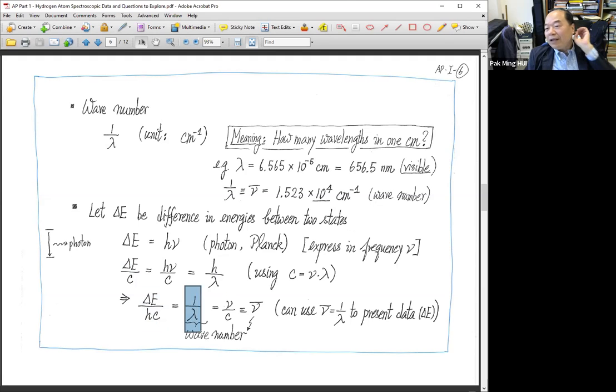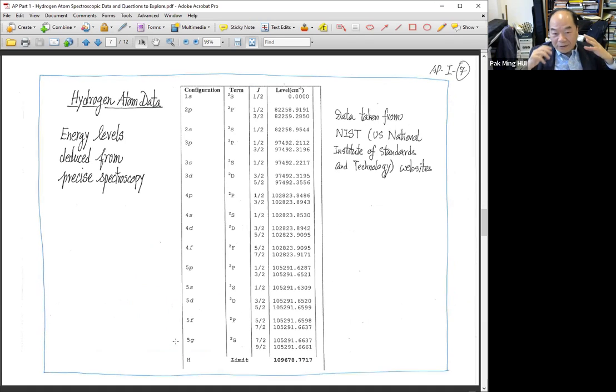Therefore, if someone tells you the wave number of a certain level A, level B, the difference gives you the wave number, it means giving you delta E. You only need to convert this if you remember this formula. Okay? So this is the page I want to show you.